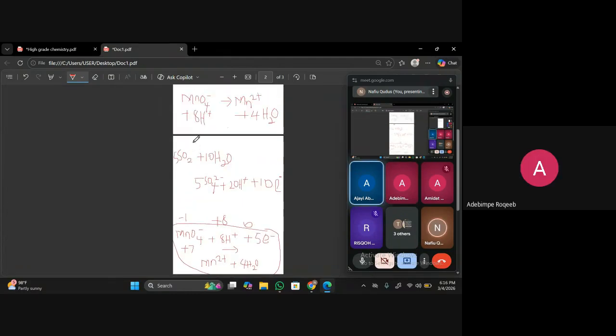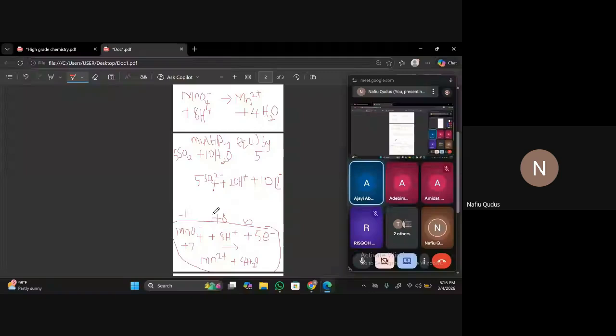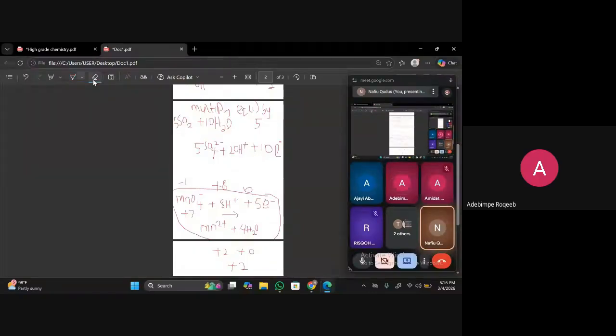So we multiply equation 1 by 5. Equation 2 you multiply by what? By 2.